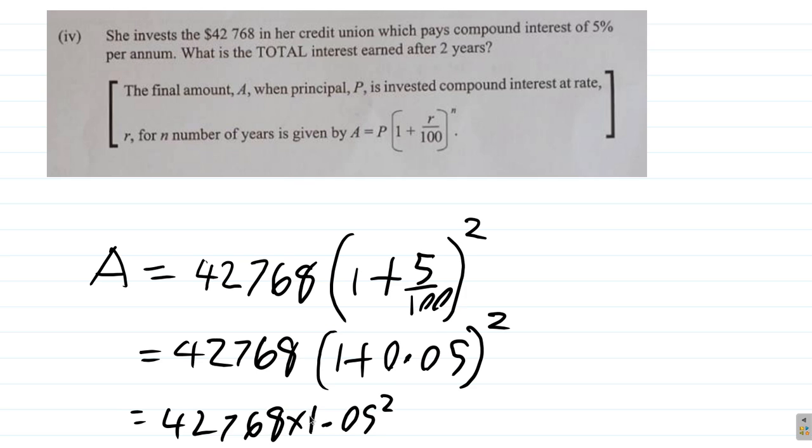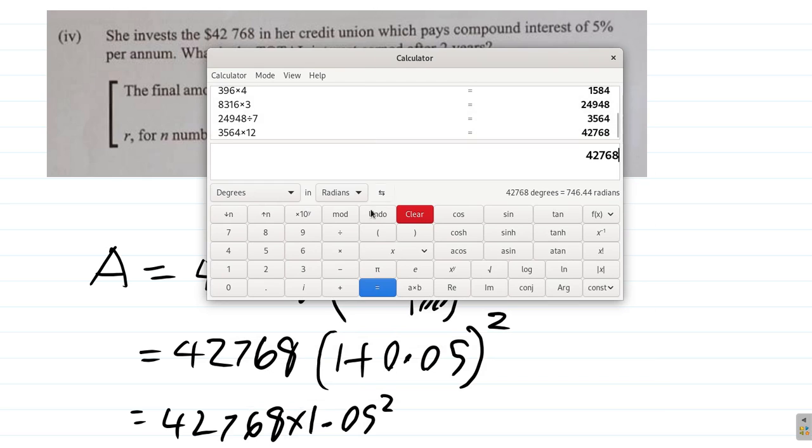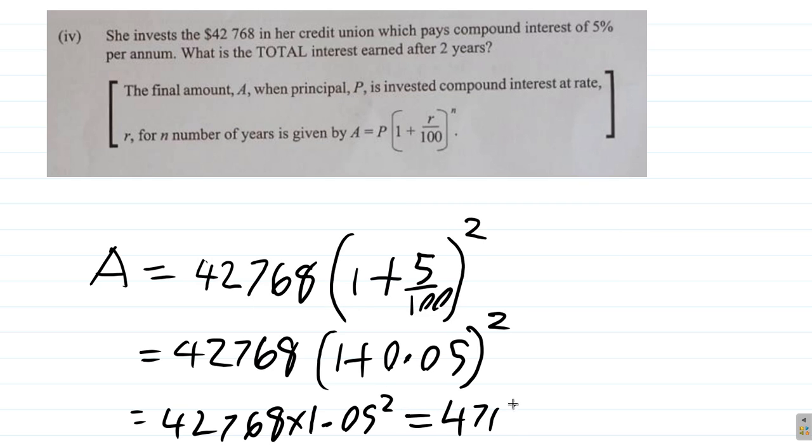If you use a calculator on it, we have the 42,768 already, times 1.05 to the power of 2 equal. All right, so we have 47,151.72. The amount we get is 47,151.72.